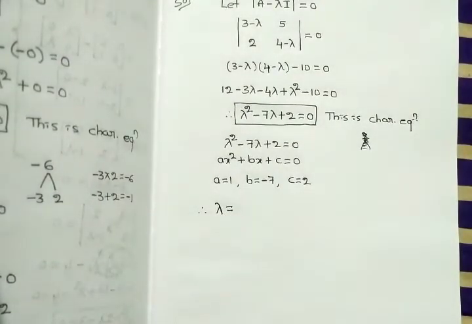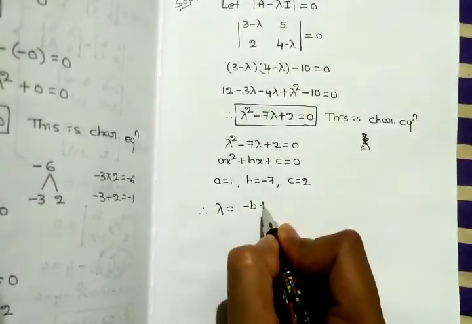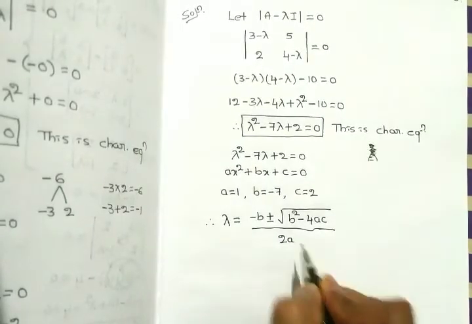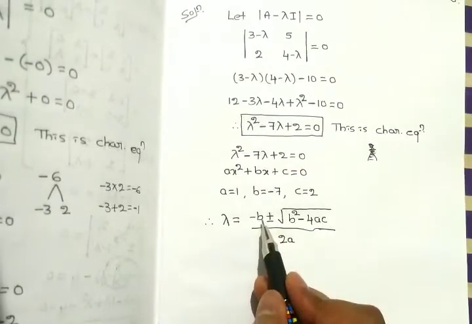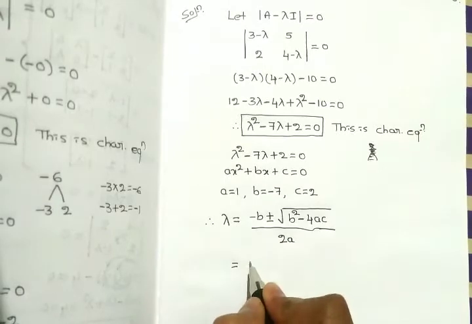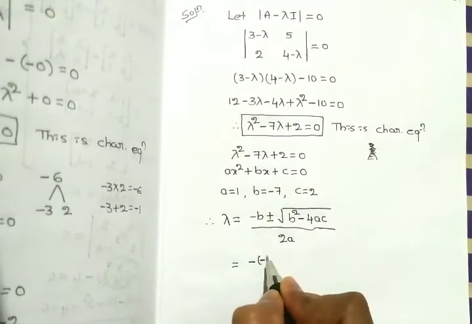Therefore, lambda is equal to, write that formula: minus b plus or minus square root of b square minus 4ac, divided by 2a. Now substitute the a, b, c values. Keep the negative sign as it is, b is minus 7.